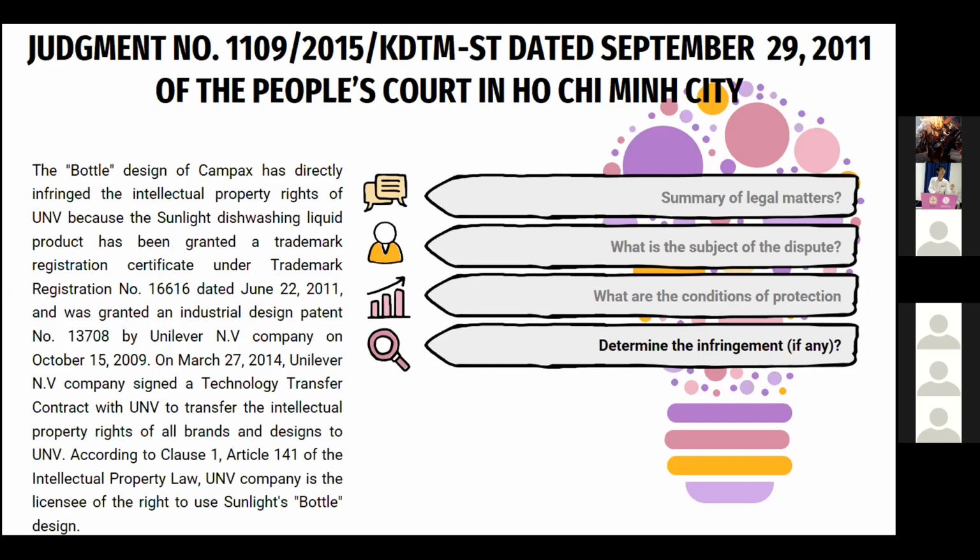Determine the infringements. The bottle design of Campbell has directly infringed the intellectual property rights of Unilever. The Sunlight dishwashing liquid product has been granted a trademark registration certificate under trademark registration no. 16,616 dated 2011, and was granted an industrial design patent no. 13,708 to Unilever and the company on October 15, 2009.